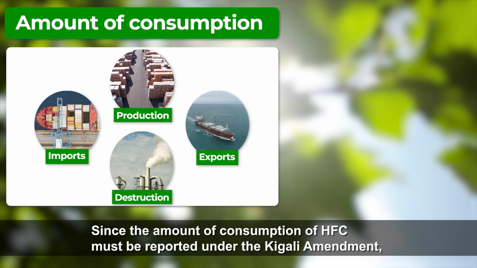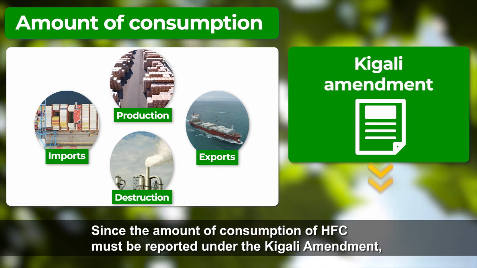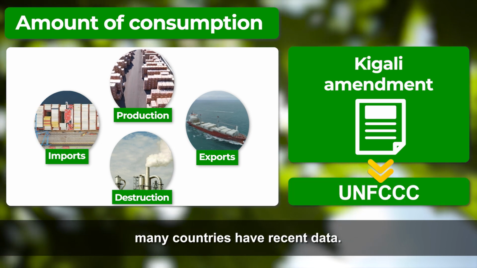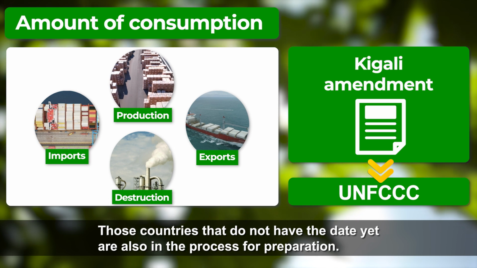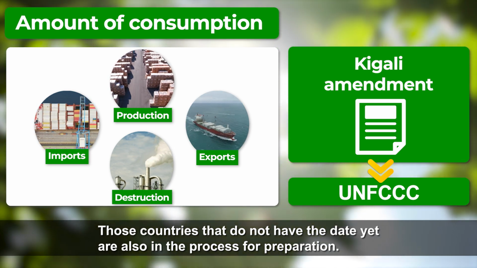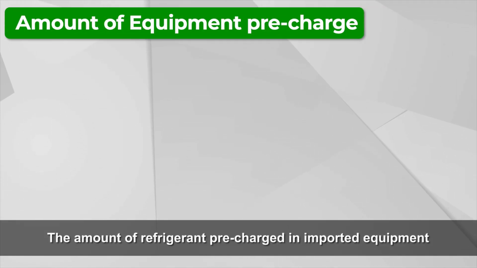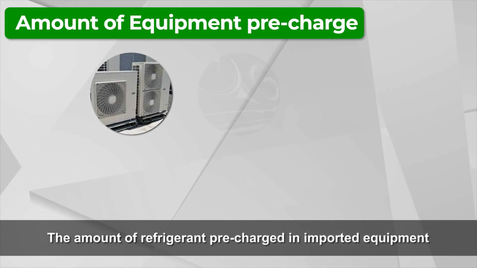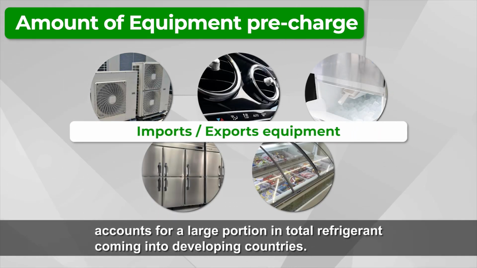Since the amount of consumption of HFC must be reported under the Kigali Amendment, many countries have recent data. Those countries that do not have the data yet are also in the process of preparation. The amount of refrigerant pre-charged in imported equipment accounts for a large portion of the total refrigerant coming into developing countries.